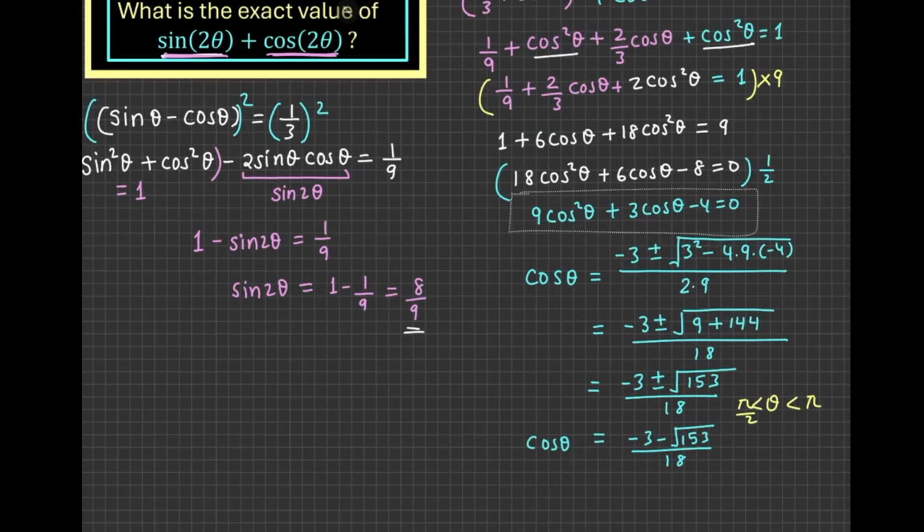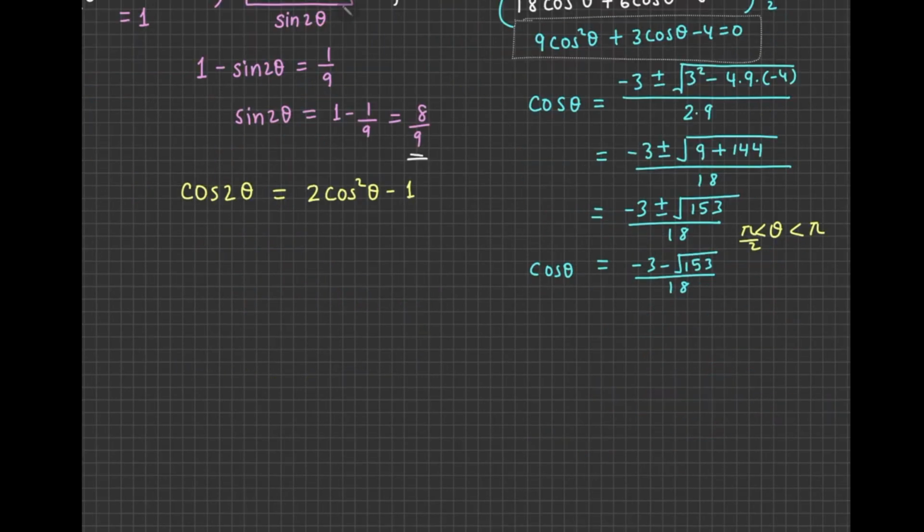Now to solve for cosine 2 theta, we're going to use this identity: cosine 2 theta equals 2 cosine squared theta minus 1. So cosine 2 theta is equal to 2 times minus 3 minus square root of 153 divided by 18, squared, minus 1.